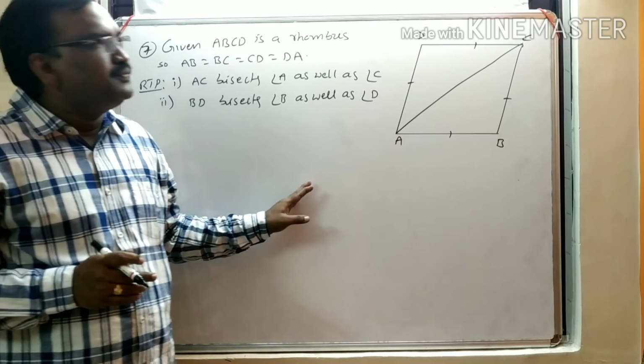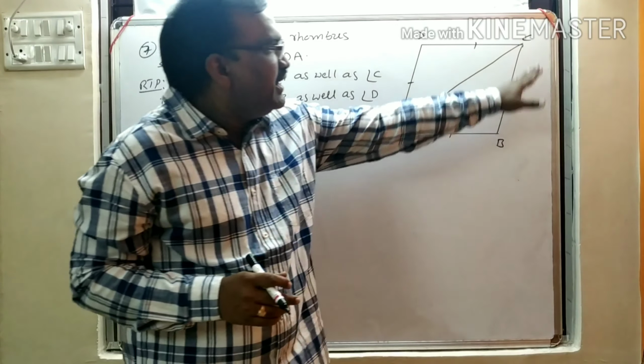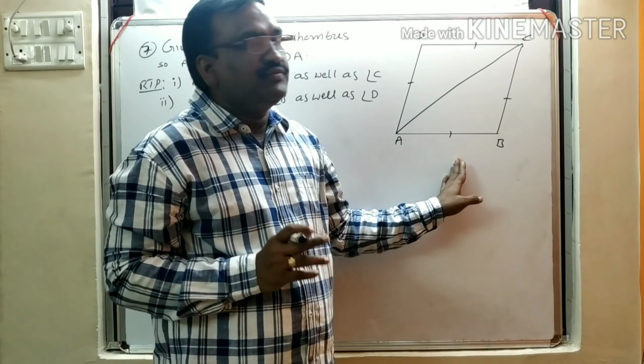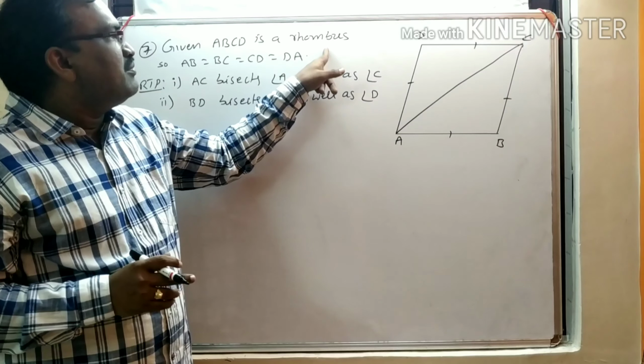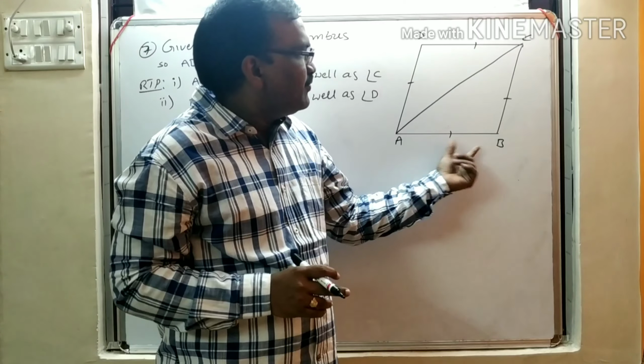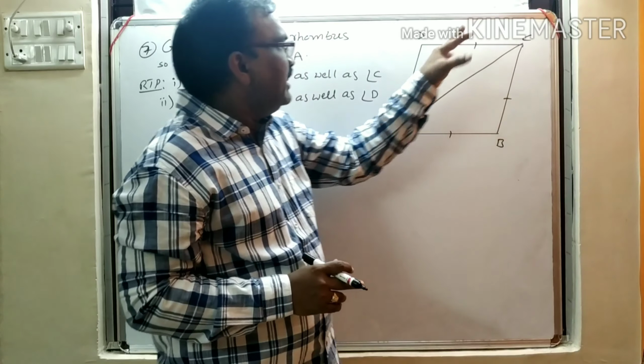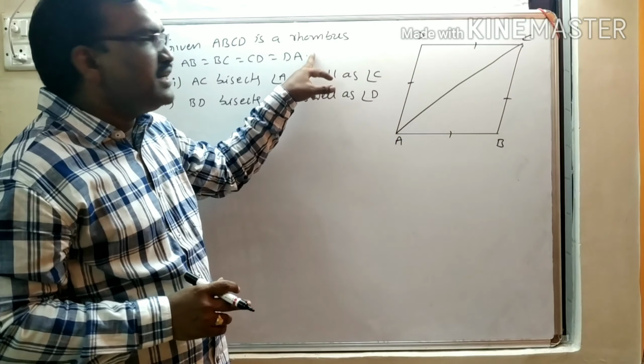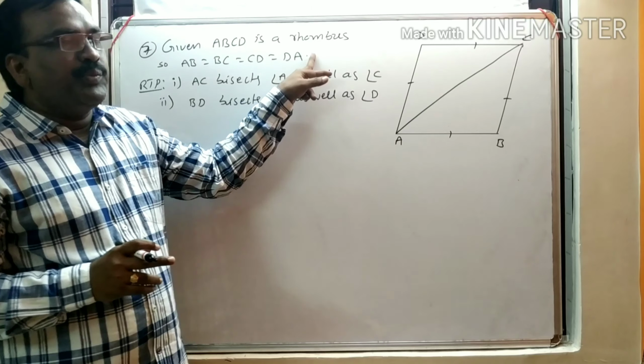Next, seventh problem. Given ABCD is a rhombus. So ABCD is a rhombus means all sides are equal: AB is equal to BC is equal to CD is equal to DA. What you have to prove?